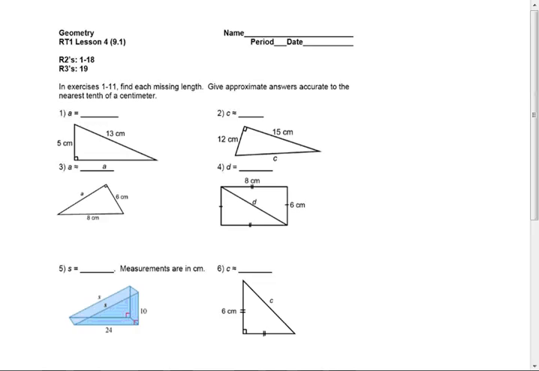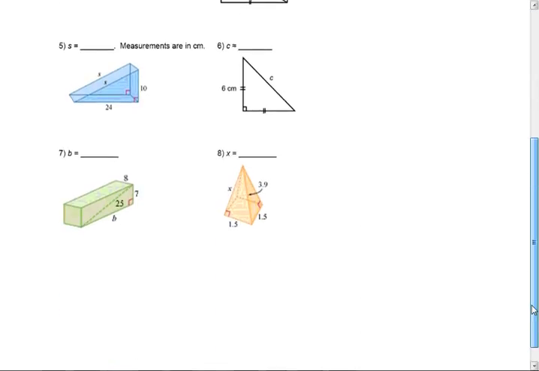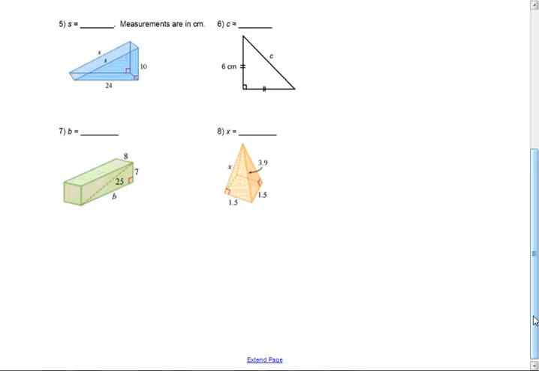Now, this one. Where are the questions? Number 8. But what about the first one? Callan, you got them all right? Are you okay with 8?